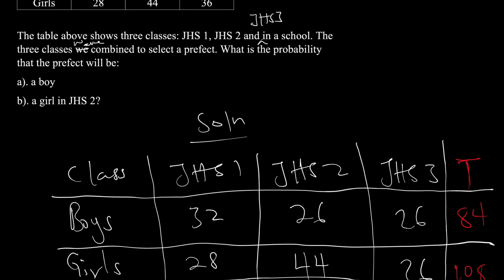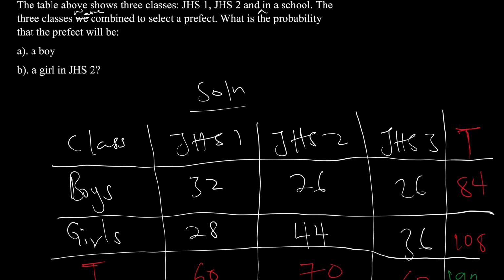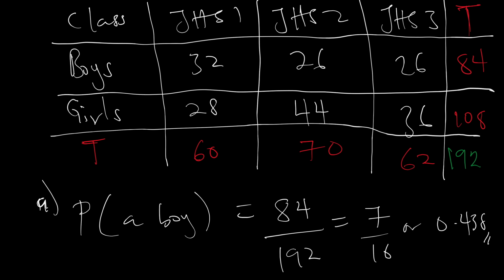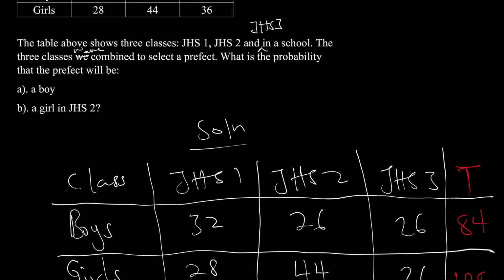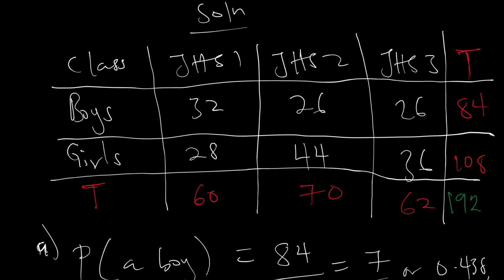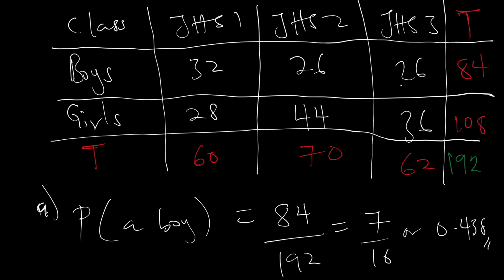Now I've been asked to find the probability of selecting a prefect who will be a girl and in JHS2. Okay, so B is find the probability that the prefect will be a girl in JHS2. So when we look at girls, we have 44 girls in JHS2. So our probability will be the number of girls in JHS2 over the total number of students, which is 192.